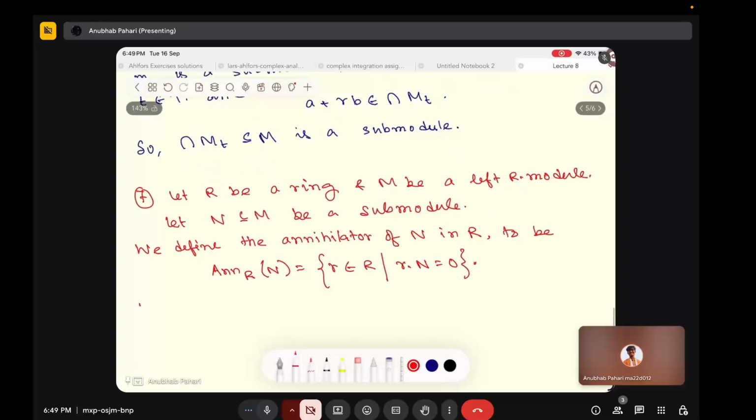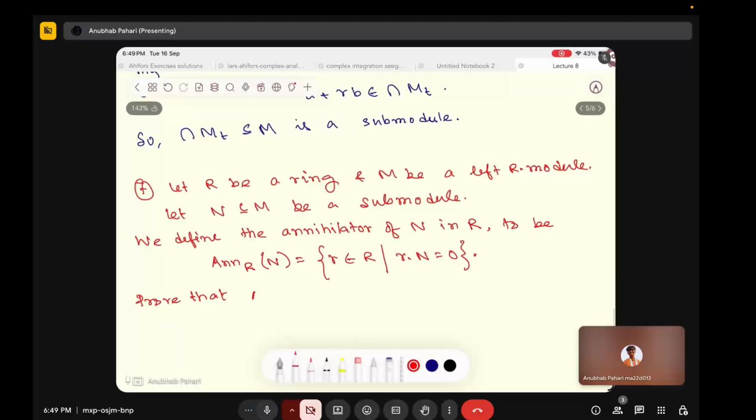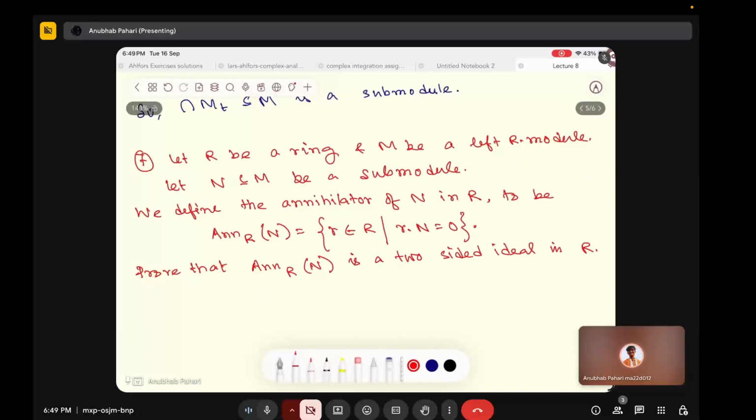Now prove that the annihilator of N in R is a two-sided ideal in capital R. So you are seeing a new kind of object that is called annihilator of a submodule, and in this exercise you will be seeing that this is indeed a two-sided ideal, and if you take R to be a commutative ring, then you will be seeing that this is an ideal.